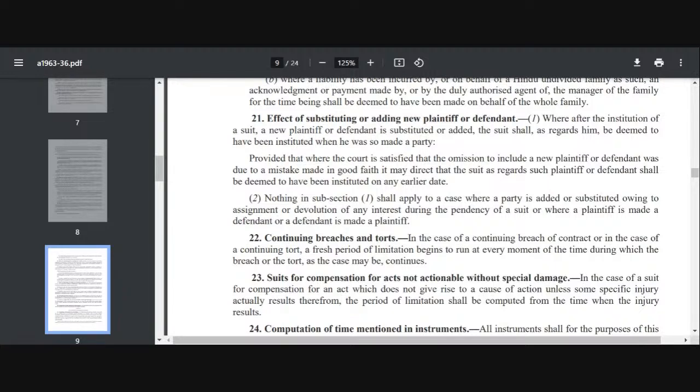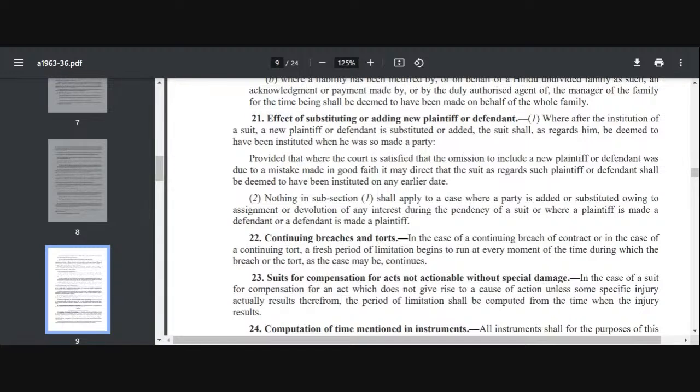Come to 22. Continuing breaches and tort. 22 पे आ जाओ. Continuing breaches and tort. Now this is saying that in case you have a continuing breach of contract, मतलब continuously your tort is or continuously your contract is getting breached, yeah, there is a continuing tort, then fresh period of limitation will start running at every moment of time when the breach or when the tort is committed.